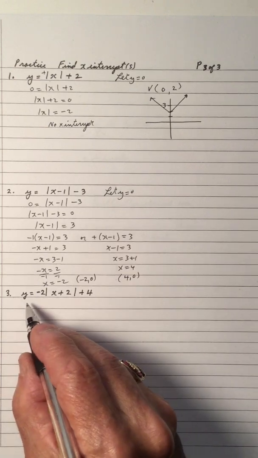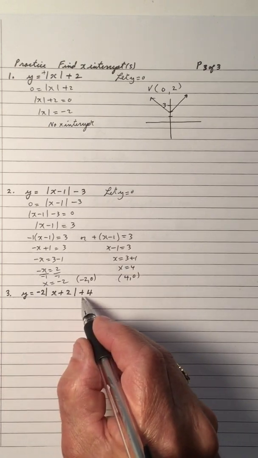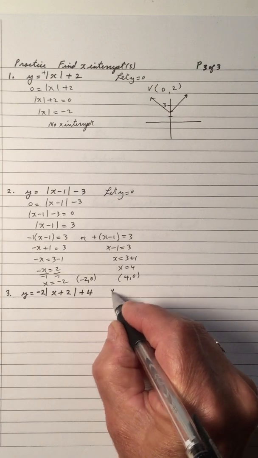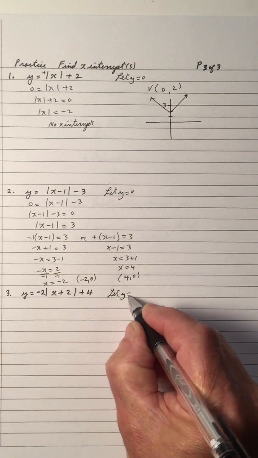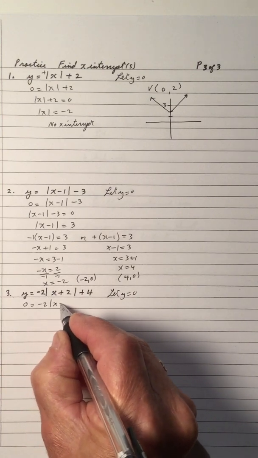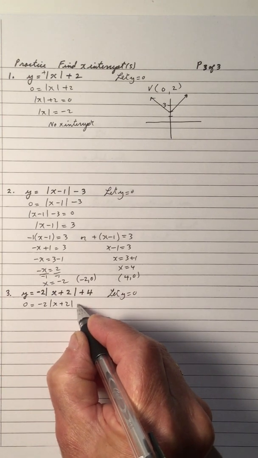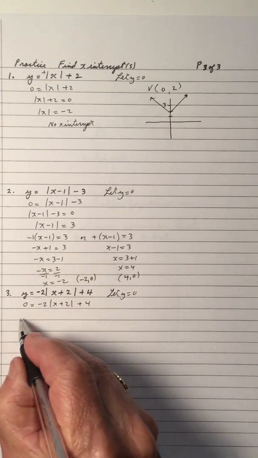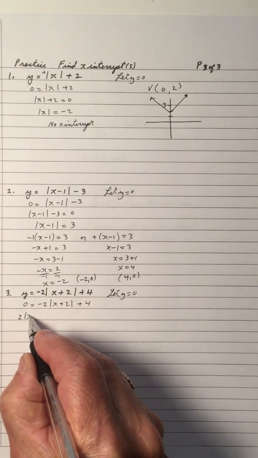And find the x-intercepts of this absolute value equation, where the graph cuts the x-axis. We let y equal 0. Put 0 in the place of y. Now, if I move this expression over here, it becomes a plus.